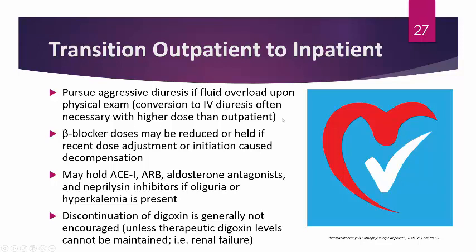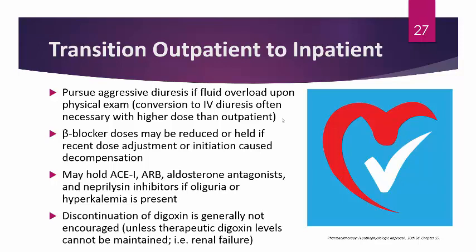So say if you have a patient who comes in and is on furosemide 20 milligrams PO daily, and they are fluid overloaded upon exam, then you might actually want to convert that furosemide 20 PO to furosemide 20 milligrams IV, which will actually be a more potent dose of furosemide, or even higher, depending on the degree of fluid overload.